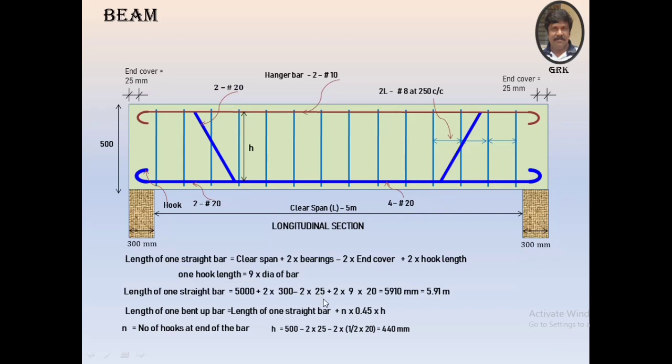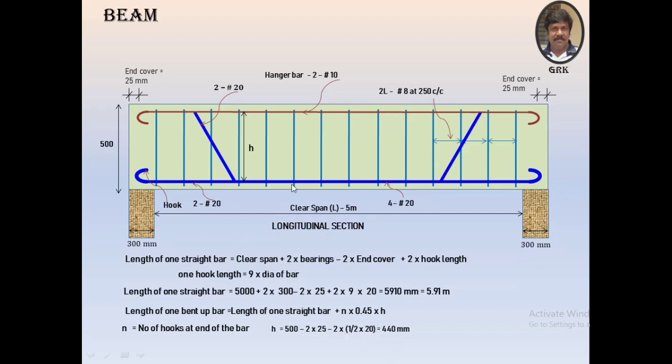H is equal to, as I said earlier, 500 minus 2 times the cover. The top cover and the bottom clear cover are both 25, and 2 times half of 20 mm, from center to center.